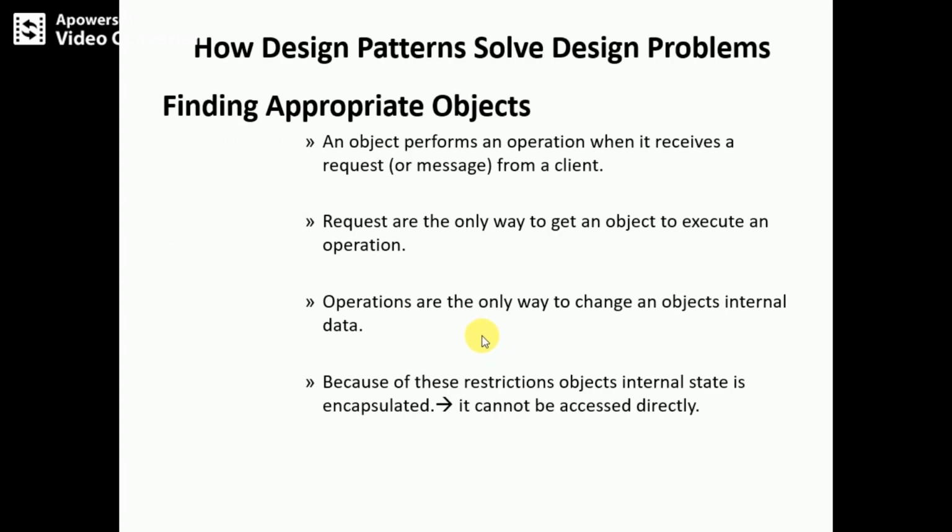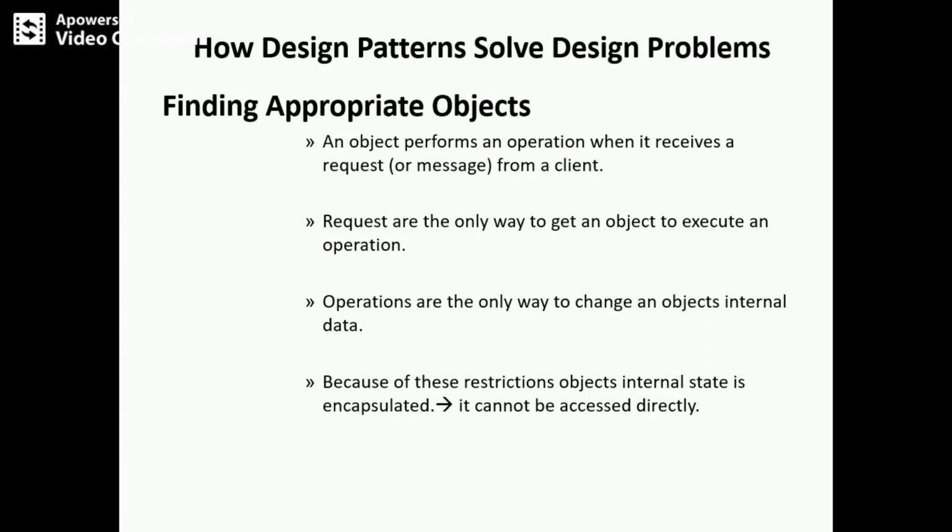Next is how design patterns solve design problems. Here we are going to discuss how design patterns solve particular design problems. The first task is finding or selecting the appropriate objects. How can we find a particular object in the given problem or any design pattern?